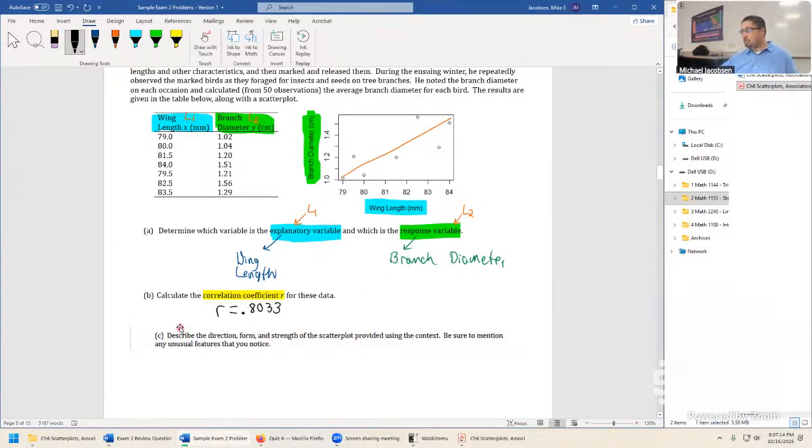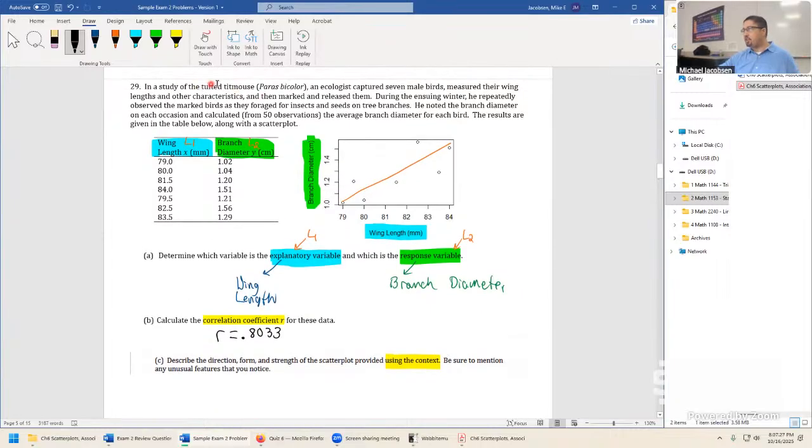There we go. So it says describe the direction, form, and strength. Big thing we have to make sure we hit is talk about the context. But the context is basically mentioning the explanatory variable and the response variable. Even if you didn't mention the name of the bird, I would say you don't have to say every single thing about the context. When you're talking about wing length, you are talking about the bird.